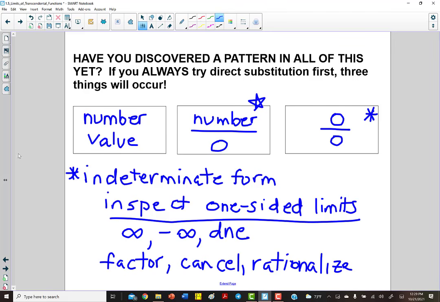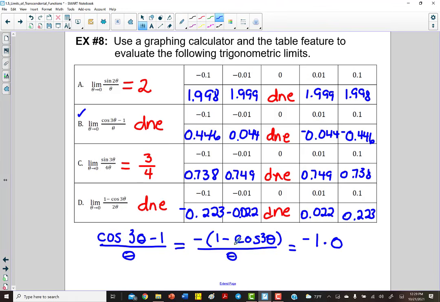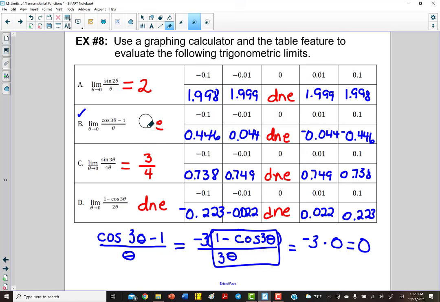So to make that balance out, I would need to multiply the top and the bottom by 3 in order to use that rule. So I could multiply the bottom by 3 and the top by 3. That would give us negative 3 in the numerator. And this rule here is 0. So negative 3 times 0 is 0, which means our answer based on the table appears to be does not exist, but in actuality, a better answer would be the graph goes to 0.